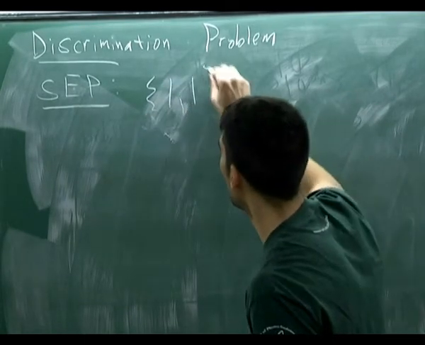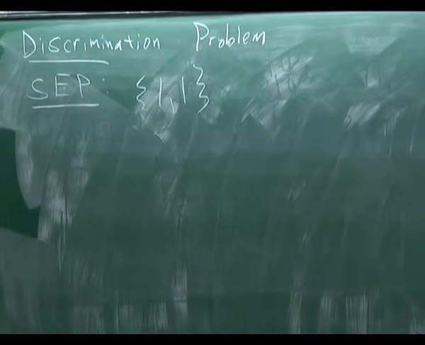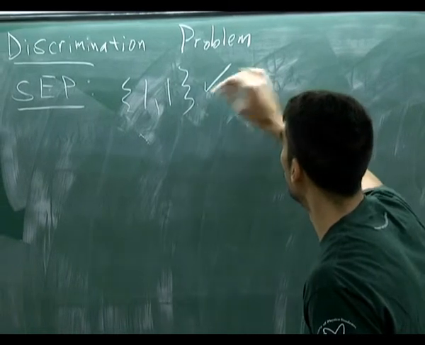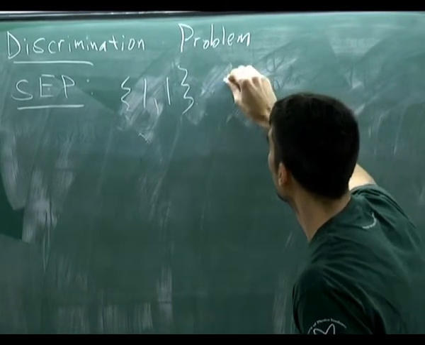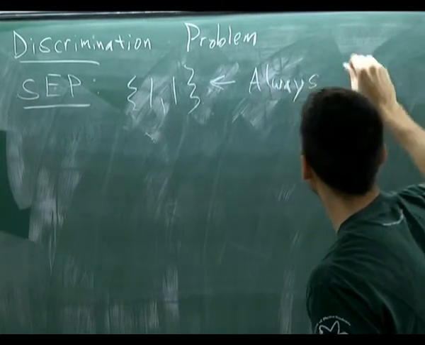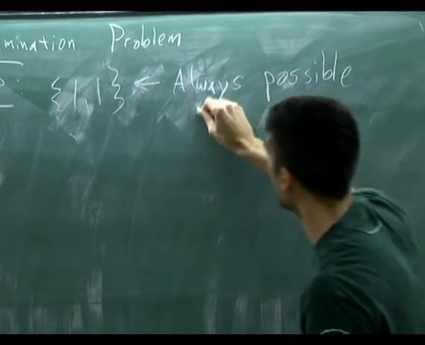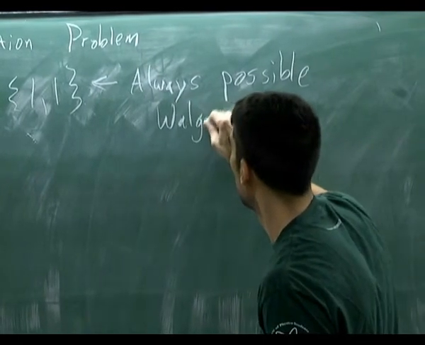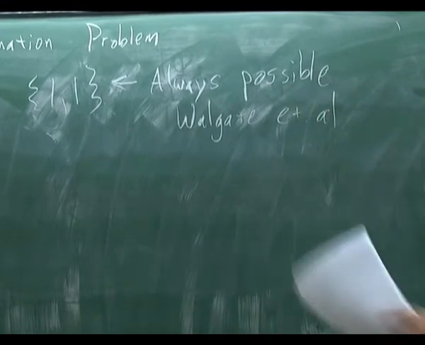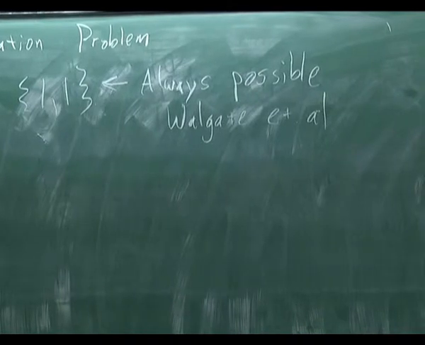The one-by-one case, again, is just two pure states, and we know that this can always be done. This is always possible, by the Walgate result. Actually, the Walgate result shows that you can do it with LOCC, so therefore you can do it with separable, because LOCC is a subset of separable.